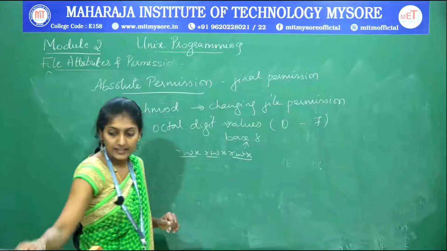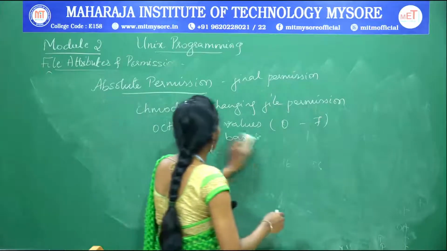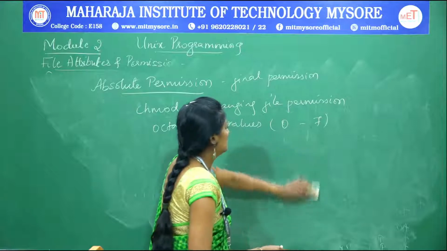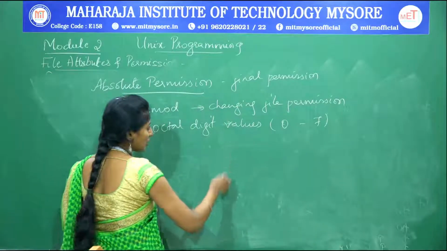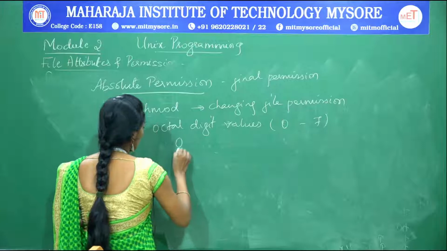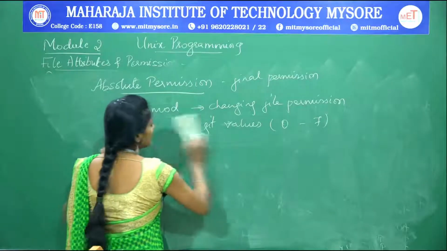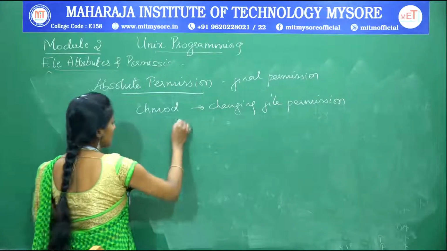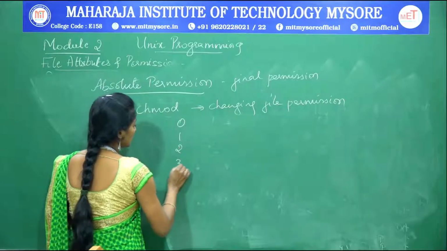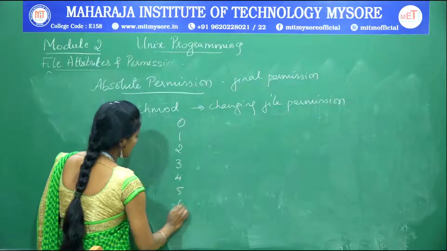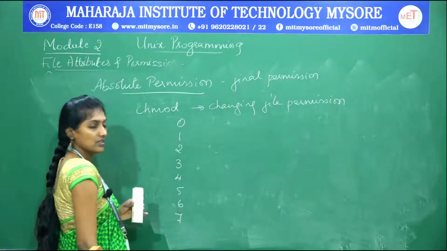So how to represent that: octal digit values from 0 to 7, that is 0, 1, 2, 3, 4, 5, 6 and 7.